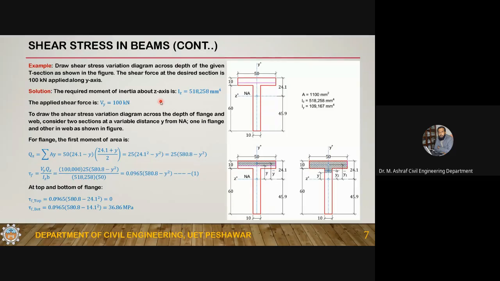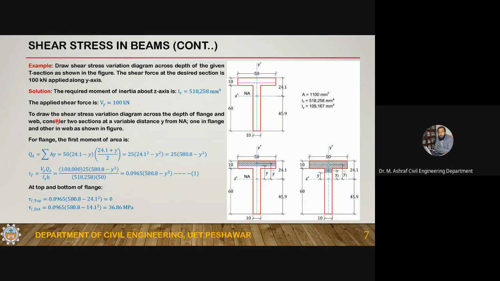Since we discussed this section so many times, I've taken the geometric properties. Here the geometric property needed is the moment of inertia about the z-axis. So Iz is equal to 518,258 millimeter power 4. The applied shear force is in the y direction, so Vy is 100 kilonewton.